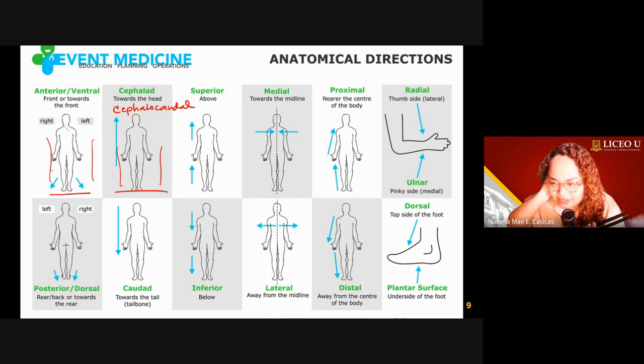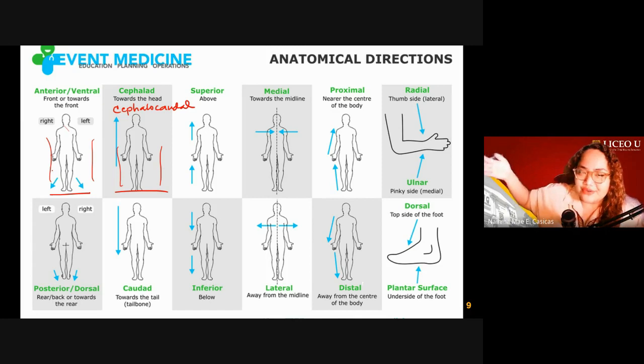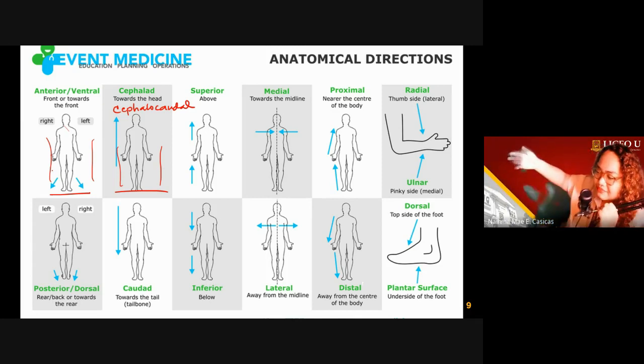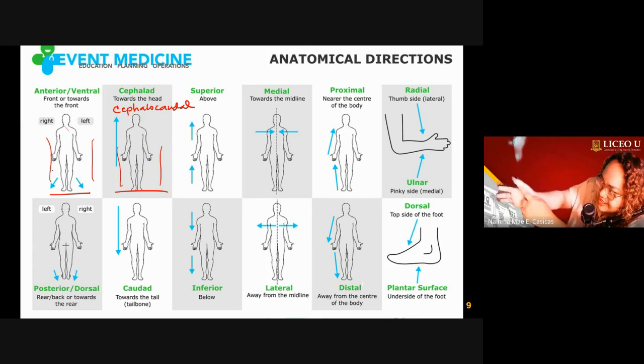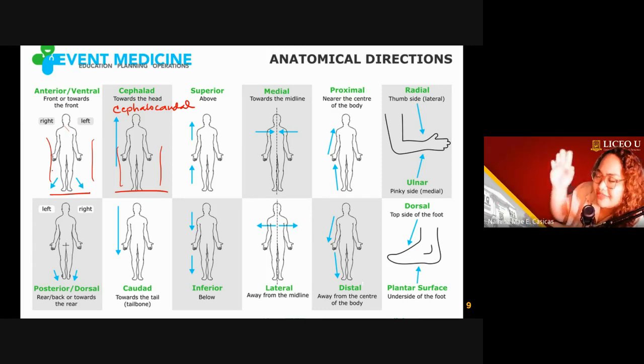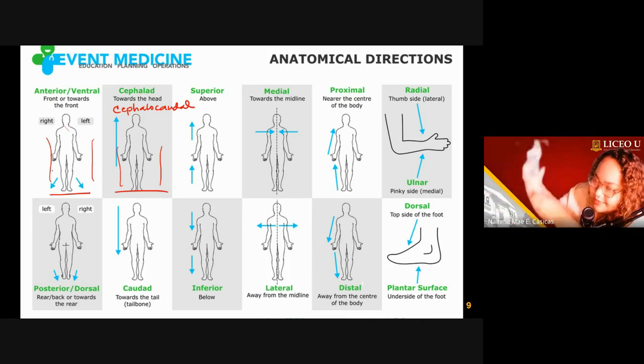Radial, ulnar, and dorsal, plantar surface. When you say radial, of course, it pertains to your radius. How do you know where your radius is? Basta inline siya sa imong thumb. That's a good marker, no? Wherever your thumb is, naa diha imong radius. That's the bone.